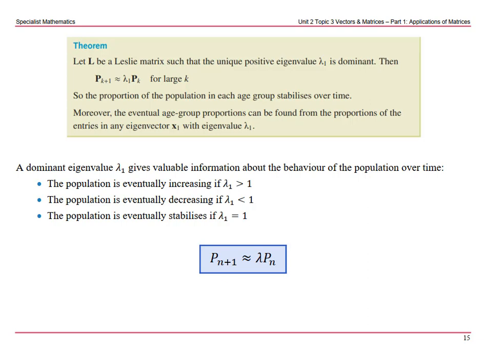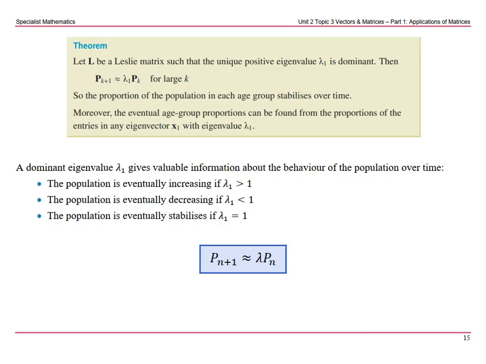So what this is saying is our population in year 50 is going to be approximately lambda times our population in year 49. Okay, so the proportion of the population in each group stabilizes over time, and that's why we can do this. Moreover, the eventual age group proportions can be found from the proportions of the entries in the eigenvector x with eigenvalue lambda.